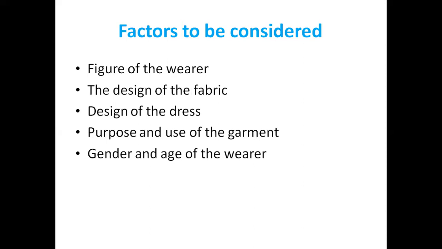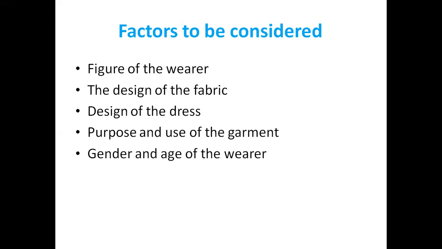For example, if you are designing a sleeve for a thin figure, you should avoid bell sleeve or bishop sleeve. If you are designing a sleeve for a tall figure, you shouldn't use a full length sleeve. You should go for a 3/4 sleeve or a short sleeve. So according to the type of the figure, you have to select the sleeve.